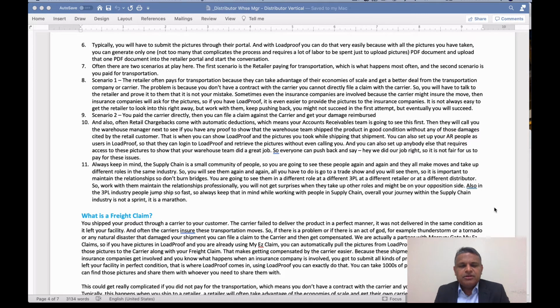Always keep in mind, supply chain is a small community of people, so you're going to see these people again and again, and they all make moves and take up different roles in the same industry. All you have to do is go to a trade show, you'll see them. So it's important to maintain the relationships, don't burn bridges, because sometimes you might be surprised they might be on the opposite side in a different role, and that might not be a good thing for you, right?